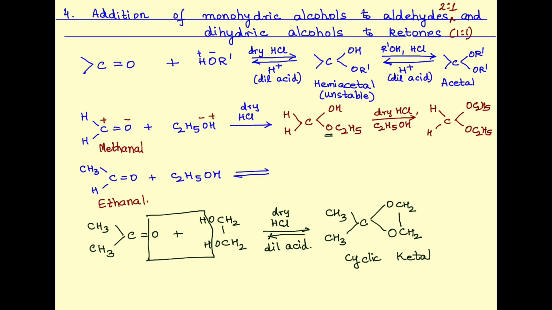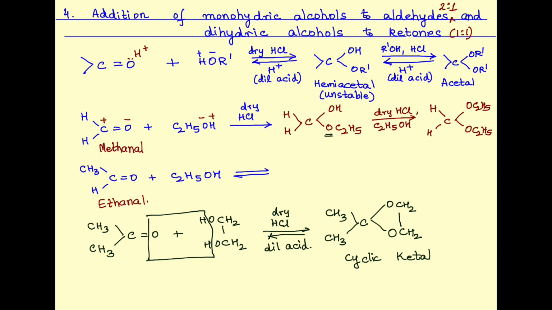Now we've been saying all the while dry HCl has to be there in the reaction mixture, right? So what is the role played by HCl? HCl simply comes, it entices the O with the H positive and tells, okay, see, I can share the electrons with you.